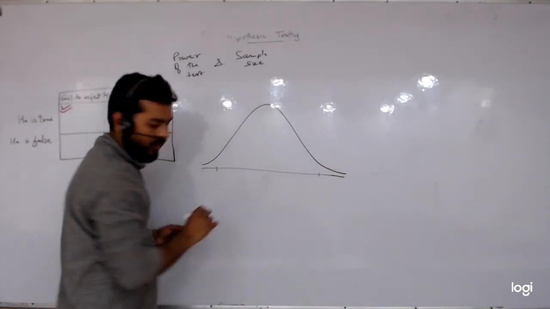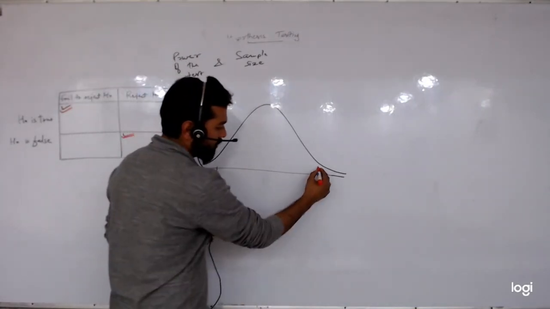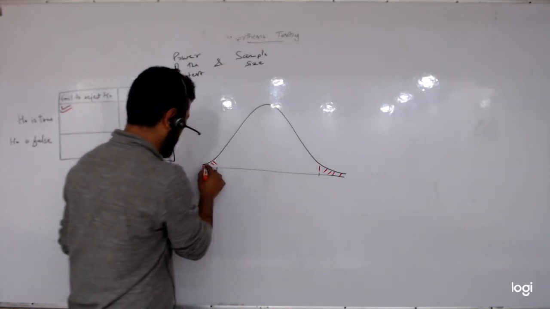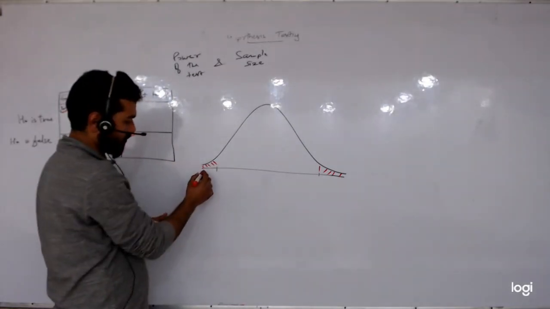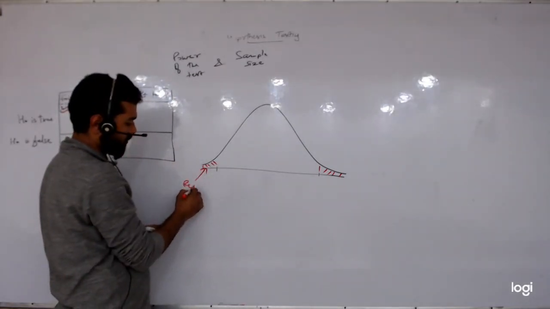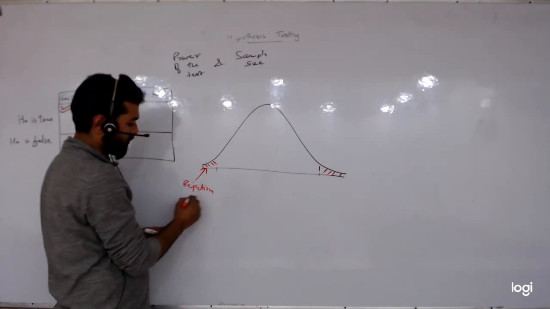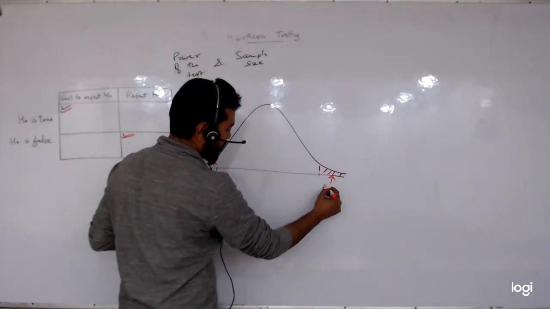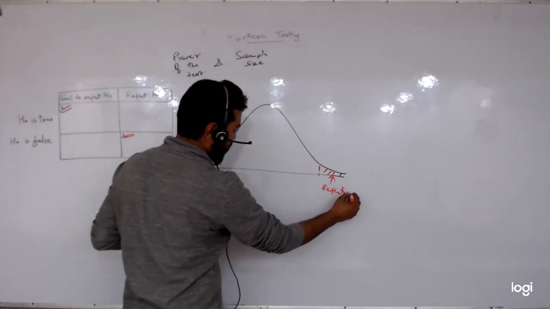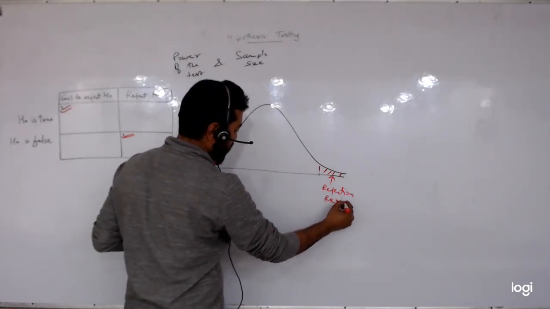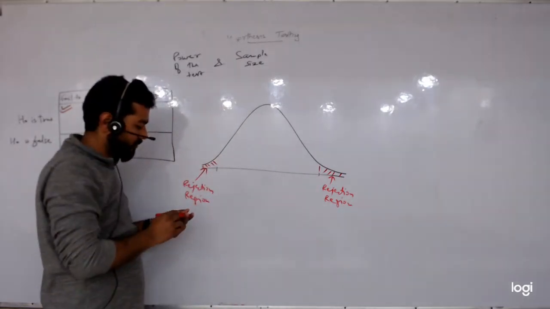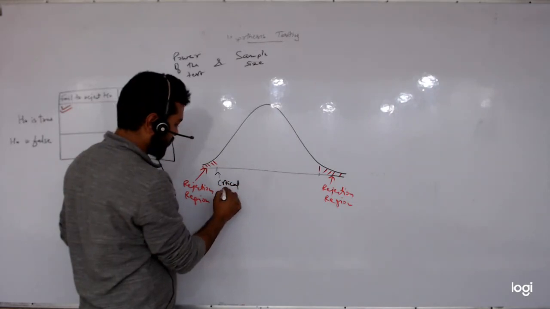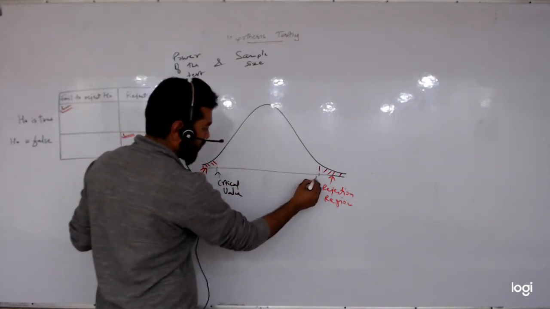Critical value, critical value. The red one is the rejection region. Here also it's rejection region. Critical value.